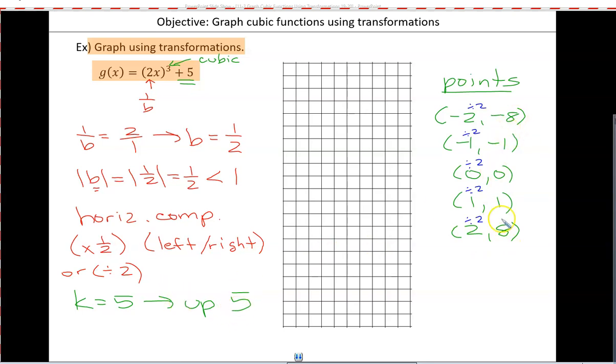And the 8 plus 5 is going to become a 13. So the only thing I need to realize here is that I need to be able to get up to 13 for my y's. All right, so I'm going to draw my axes. I don't have any horizontal translations, and so I'm just going to put my y-axis in the middle.